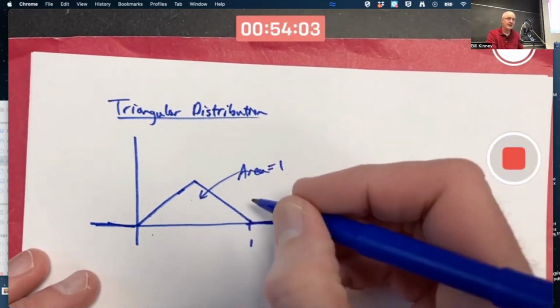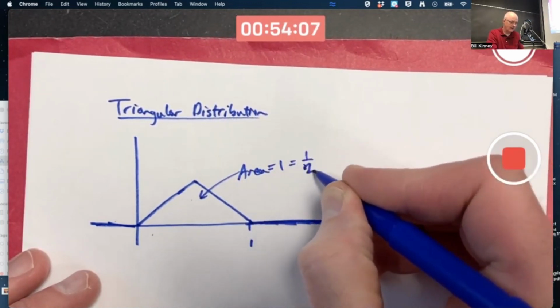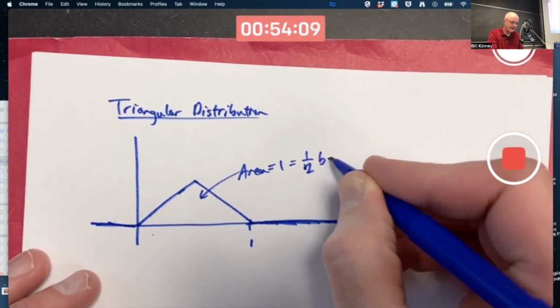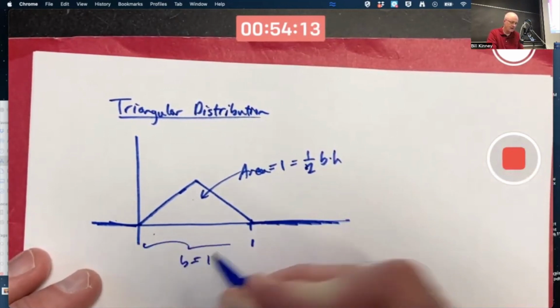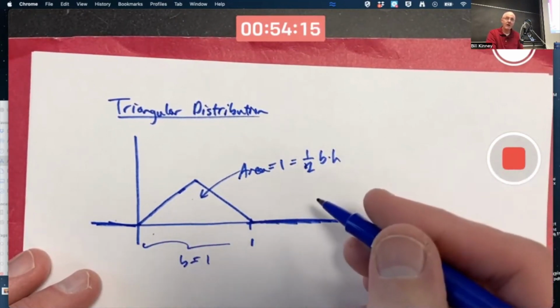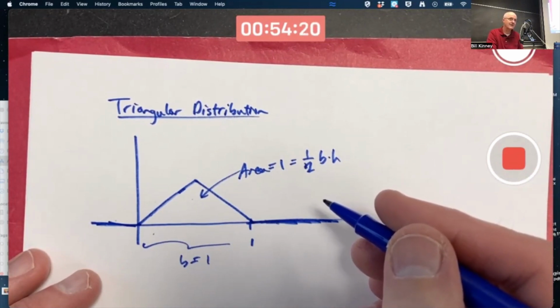Well, that area is the area of a triangle. 1/2 base times height. The base is 1, b is 1. In order to make that area 1, what's the height got to be? Hence, the graph's not drawn to scale.